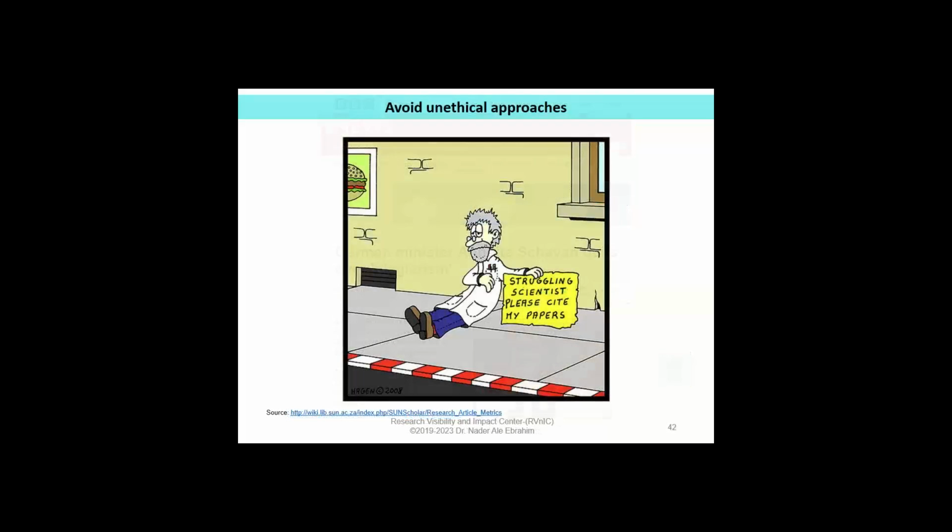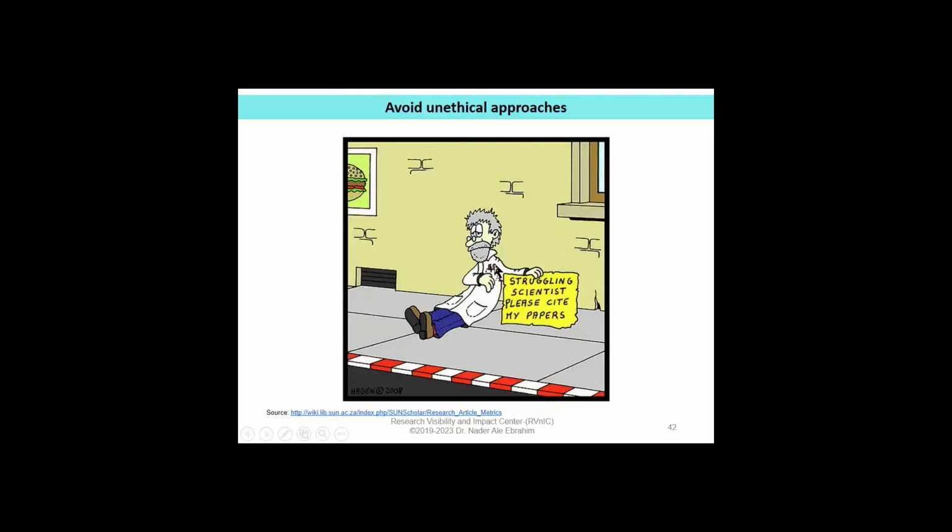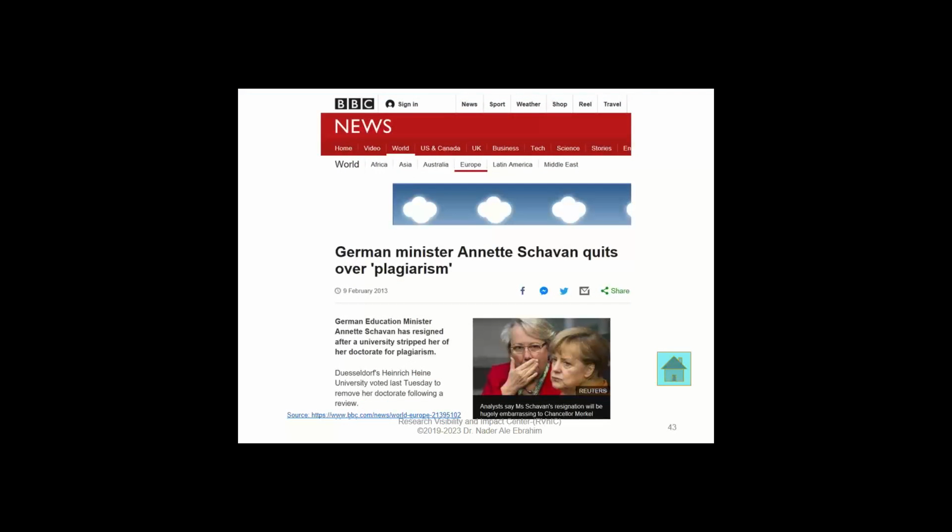Never, never ever do any unethical behavior, because right now we have a lot of tools and it will be detected very simply. And in the writing process or in citation, don't say, okay, please cite my paper, I will cite your paper, or please write my name as a co-author. Don't do this.